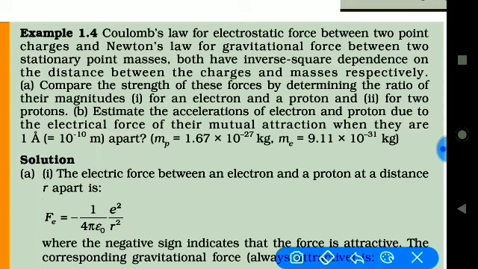The force acting between the particles due to charge is electrostatic force given by Coulomb, and the force acting between the particles due to their masses is a gravitational force given by Newton. Here the common thing between both the forces is that both are inversely proportional to the square of the distance between them, hence both are inverse square dependent.